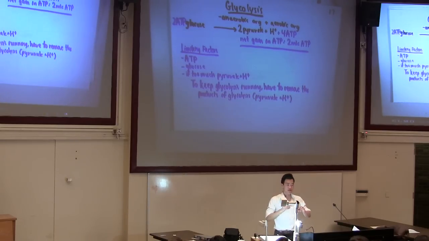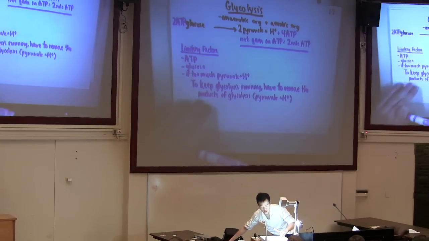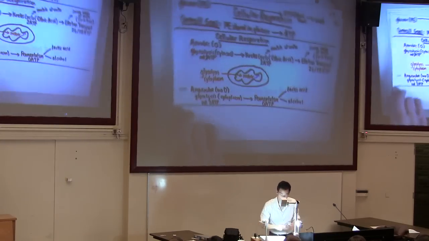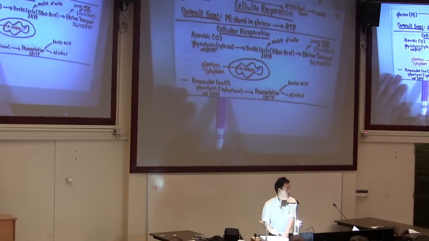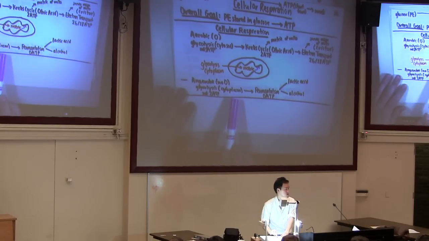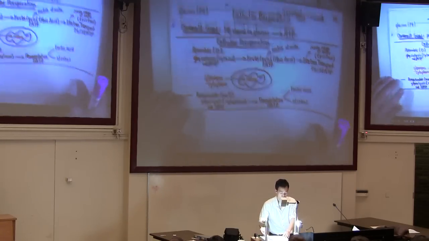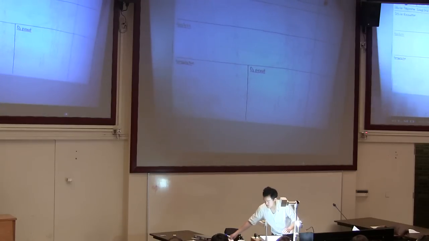And let's start with organisms that don't have oxygen, right? In the earlier page, we said that if you're anaerobic, you do glycolysis. What happens after glycolysis? Fermentation, okay? So now we're going to move on to the fermentation box.